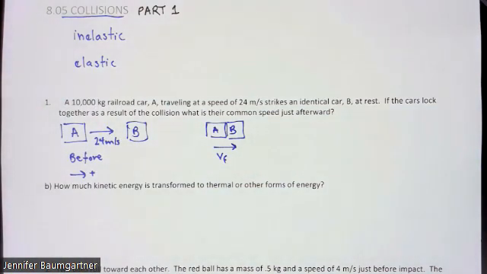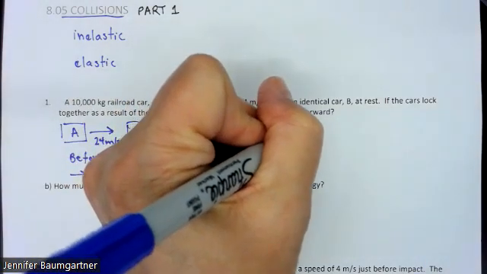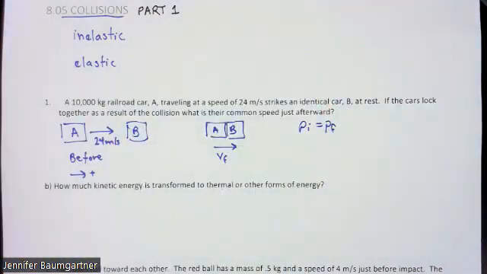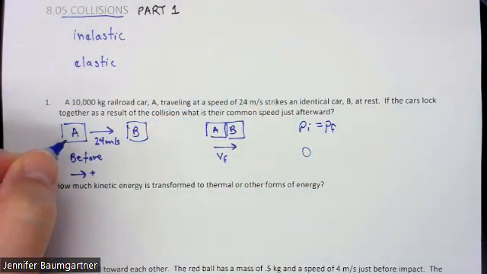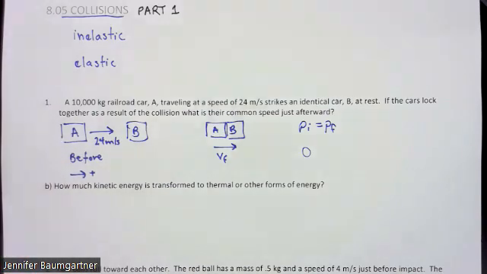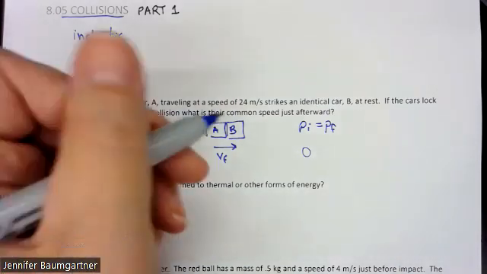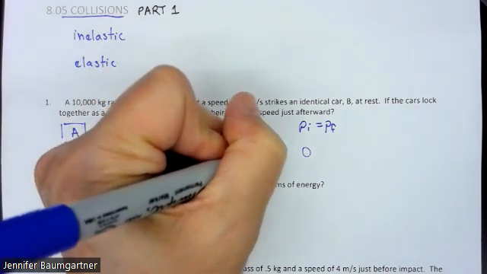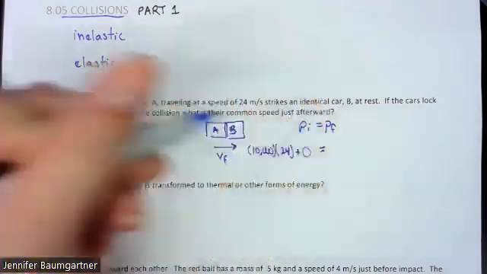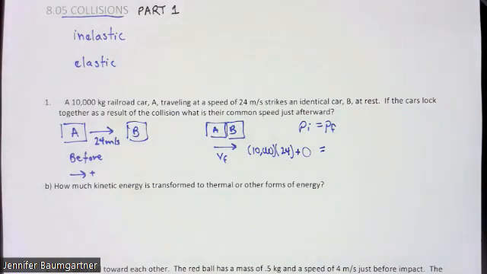Well, it turns out we can use conservation of momentum to solve for this. So we know that the initial momentum has to be equal to the final momentum. Well, my initial momentum for B is pretty easy. That's going to be 0. My initial momentum for A, remember momentum is mass times velocity, so I'm going to have 10,000 times 24. That has to equal my final momentum.